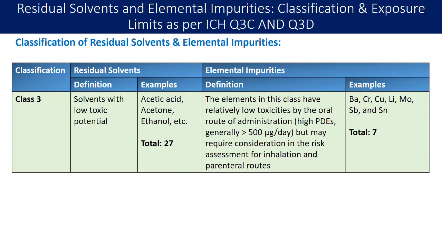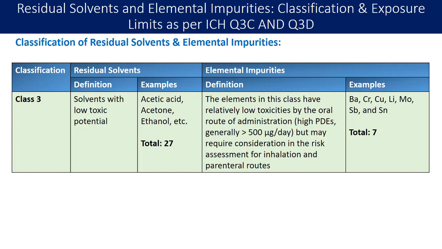Always remember, residual solvents have a common limit for oral, inhalation and parenteral routes of administration. But if you look at the elemental impurities, they have different permitted daily exposures based on their route of administration.